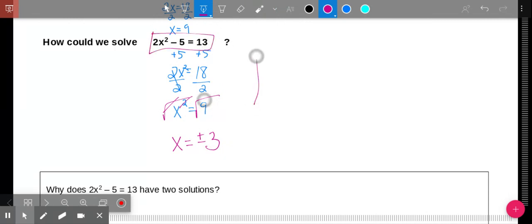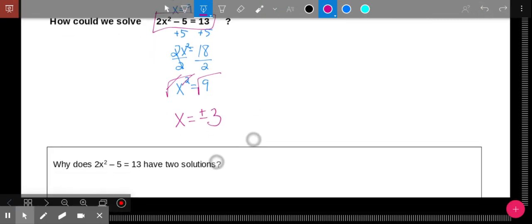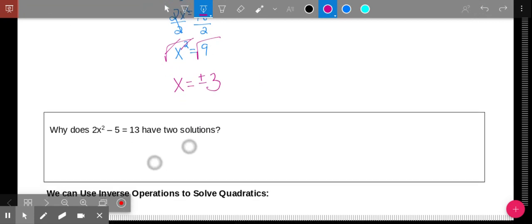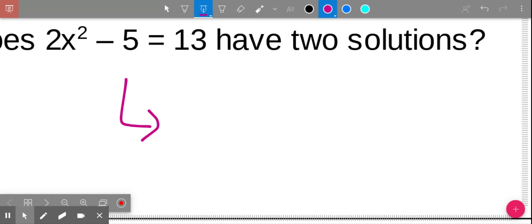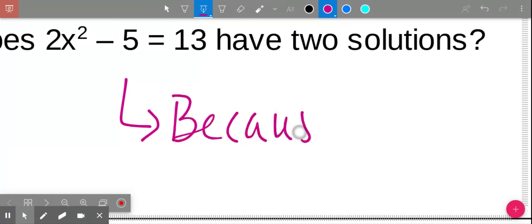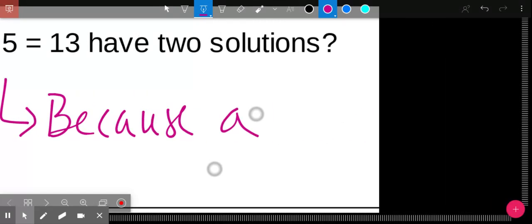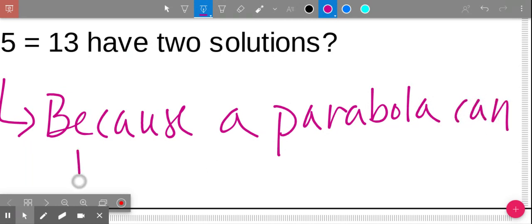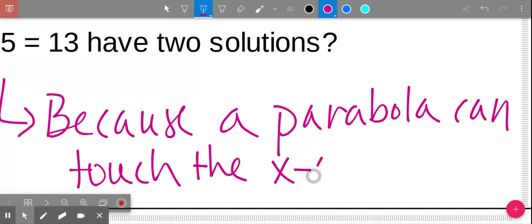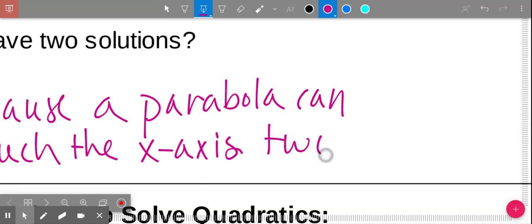Okay, so why does 2x squared minus 5 equal 13 have two solutions? Remember, that's because a parabola can touch the x-axis 2 times.